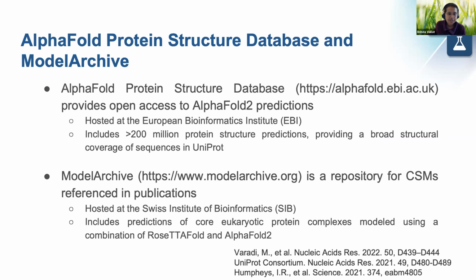It includes predictions of core eukaryotic protein complexes modeled using a combination of RoseTTAFold and AlphaFold, generated by David Baker and his team at the University of Washington. These two are the primary resources for the computed structure models, which have now been integrated into rcsb.org.